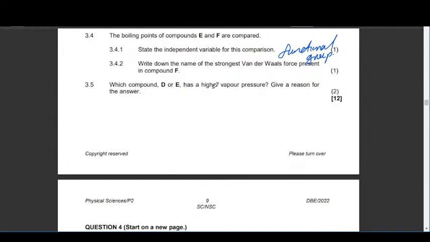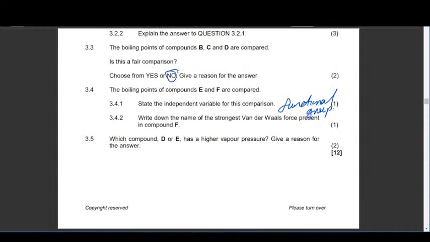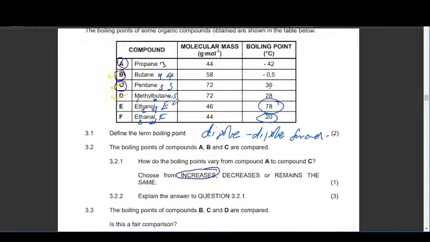Which compound, D or E, has the highest vapor pressure? And give a reason for your answer. D, this one, and E. Check the boiling point, then it will determine how much vapor pressure is going to be produced. So this one is 28, and this one is 70. The higher the boiling point, the lower the vapor pressure, and the lower the boiling point, the higher the vapor pressure.